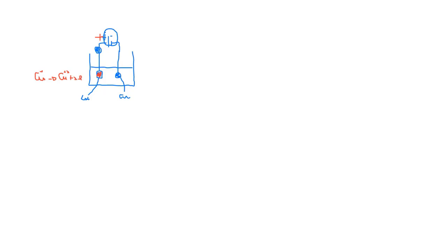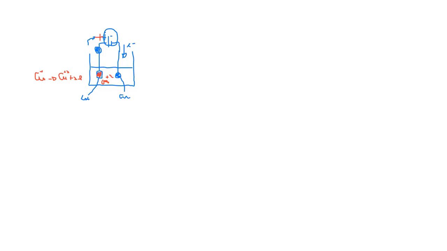So in solution, we are going to have Cu2+ that comes from the positive electrode. And the electrons are going to be that way, and here, the electrons are coming in this way.